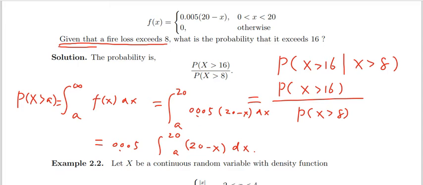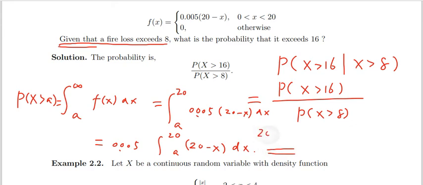So here we have some scale. This probably has a coefficient, and that probably also has a coefficient, so we can forget the coefficient 0.005 and just focus on this integration. For this integration, we just use a substitution.